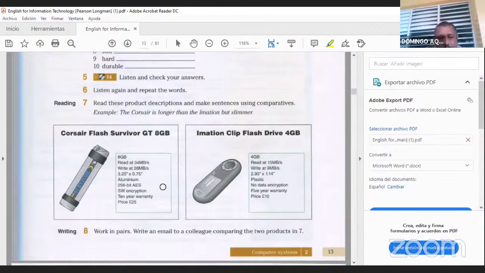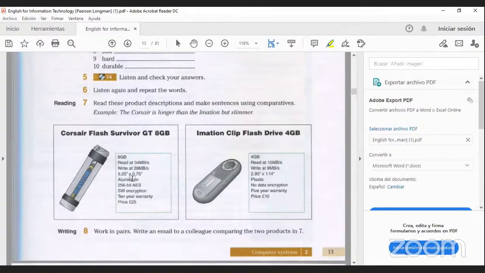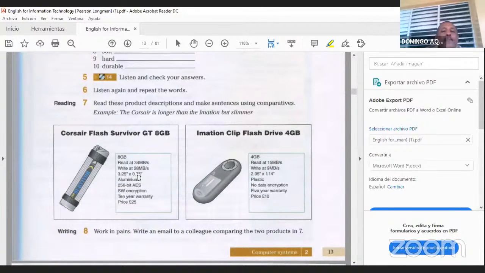If you see the information here, 8 gigabyte, read 34 megabyte per second, write 28 megabyte per second, 3.25 inch times 0.75 inch aluminum, 256 bit, SW encryption, 10-year warranty, price 25 euro.